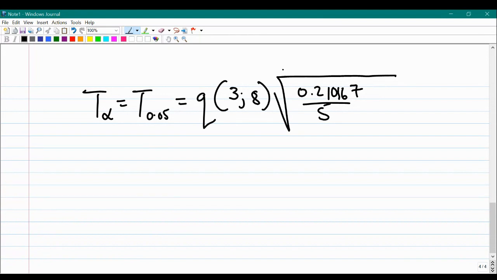So what is this part from the table? Can someone give me this part from the table? It's 4.041. Yes, you get this from the studentized table.